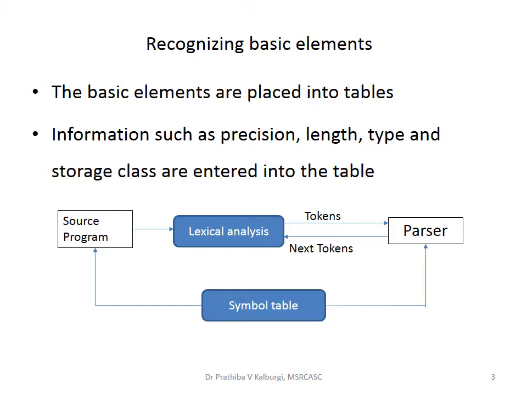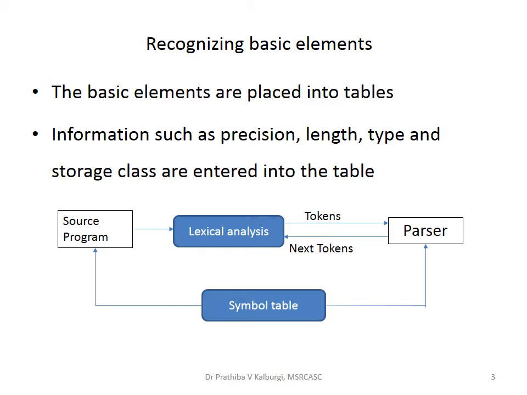That is, it is going to construct a parse tree. Hence, the lexical analyzer as well as the parser are going to depend upon the table which we call a symbol table.